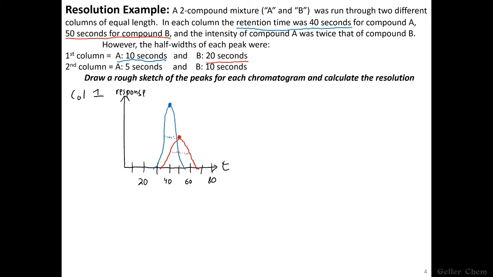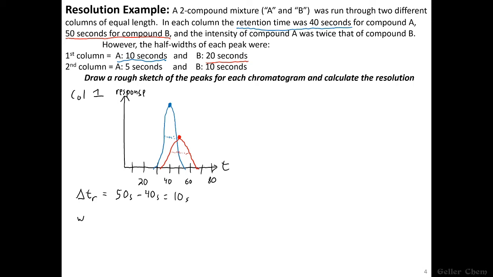To calculate the resolution, we must first calculate the difference in retention times and the average half width, both of which are quite simple to do. So delta TR, well, that's just going to be equal to 50 seconds minus 40 seconds, our two retention times, which is 10 seconds.